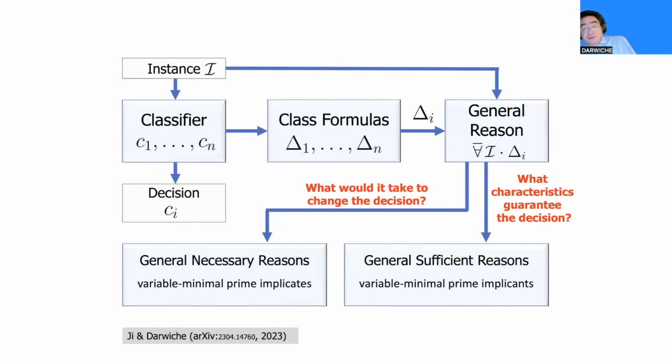Okay, now here's the more general picture, which is parallel to the previous one, except that we are computing a new type of abstraction of the instance, the general reason, based on this operator. And then I compute variable minimal implicants or variable minimal implicates.